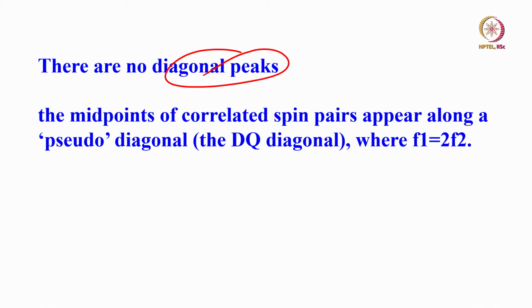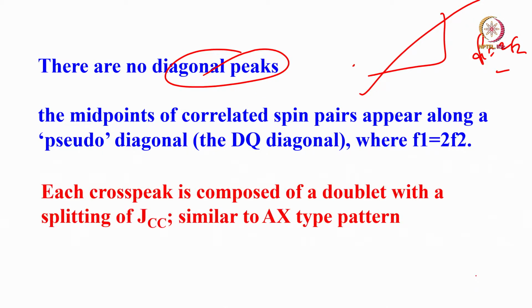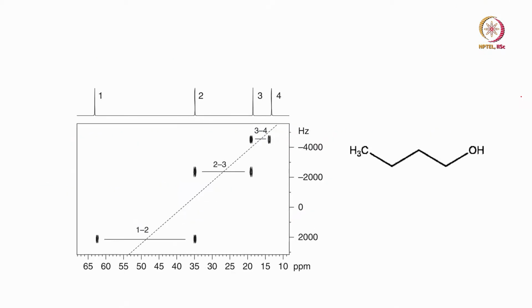If you take the slope of it, F1 is equal to 2F2, the slope is 2. That is why you are going to get a double quantum diagonal in this case. I will show you the spectrum of it, how it is, and each doublet corresponds to an AX-like pattern. We will see the spectrum now.